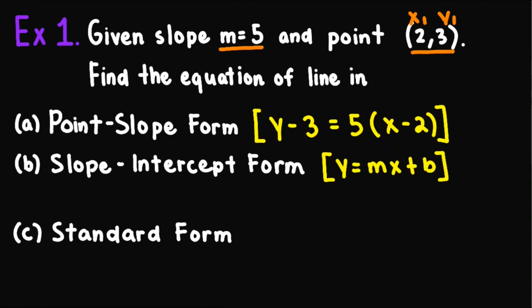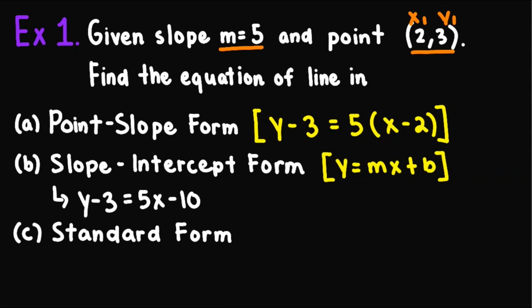Well, what we can do is manipulate these values out here. So we can first distribute the 5 out here. So that will give us y minus 3 equals 5x minus 10.